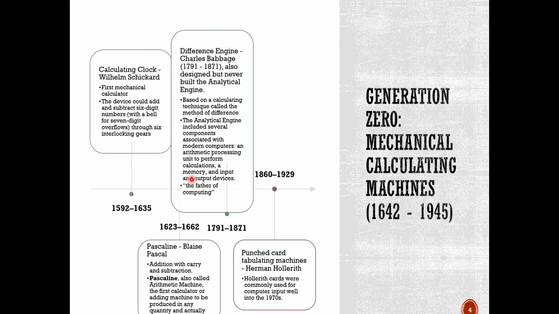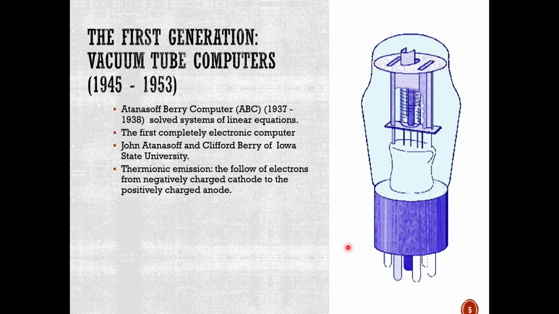We all know what the punch card machine is, and it was used well into the 1970s. And for the first generation of computers, we use vacuum tube computers. The first computer was the ABC, and this computer was created in the 1937s and 38s.